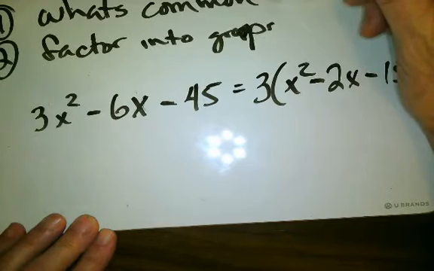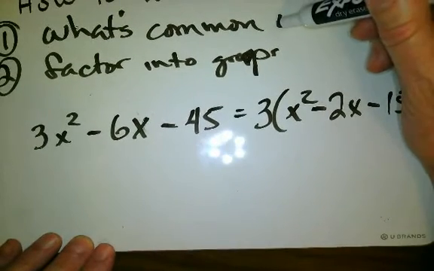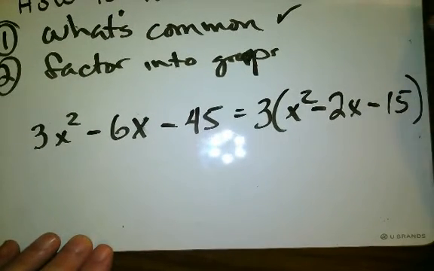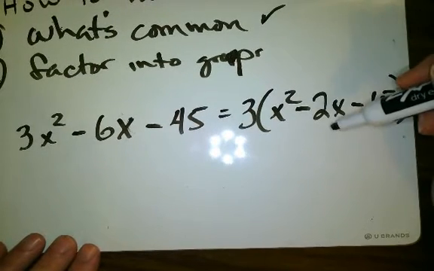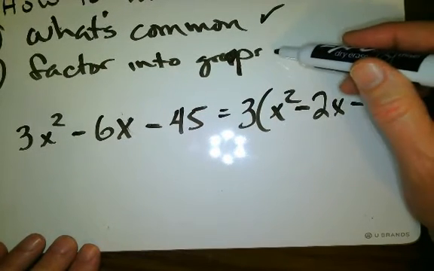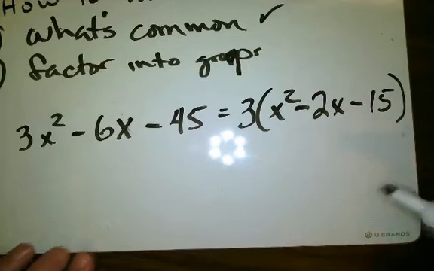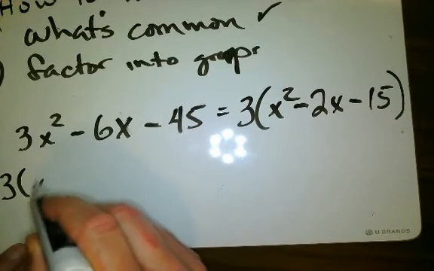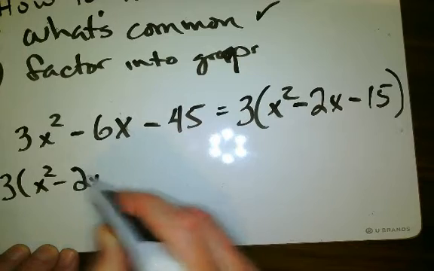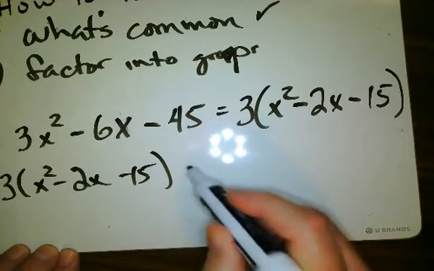So I did the first step. What is common? I did it. Now the second step, I have to factor the answer that I just got into groups. So I'm going to write the answer over here: x squared minus 2x minus 15.